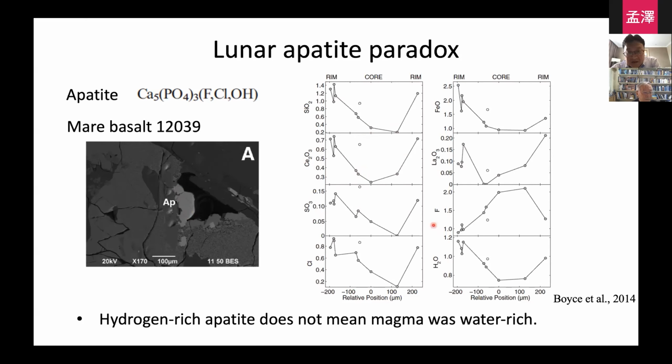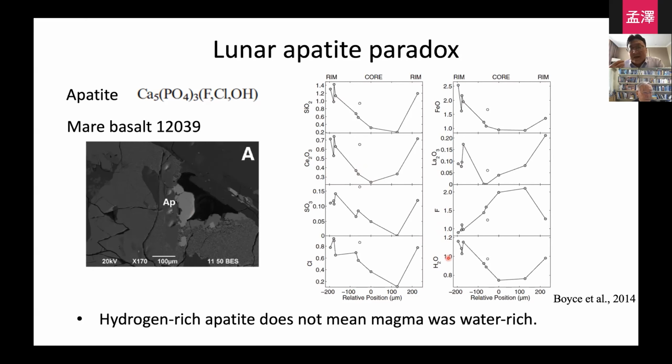But for the fluorine and the water, we can see they show opposite behavior, and the water content in the apatite can also be explained by fractional crystallization.